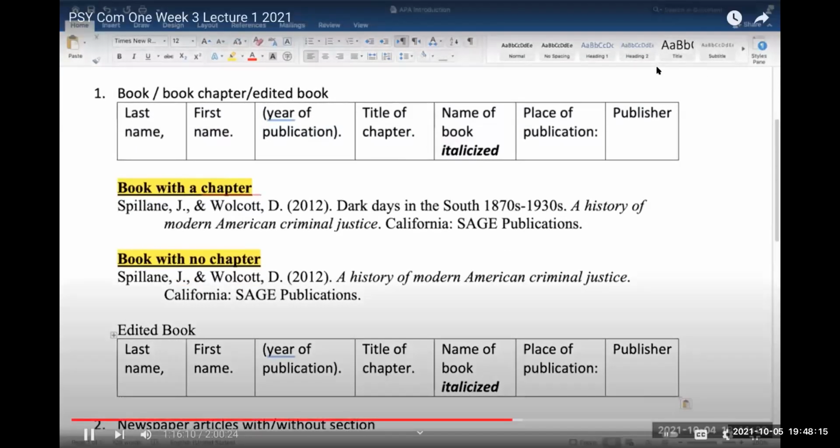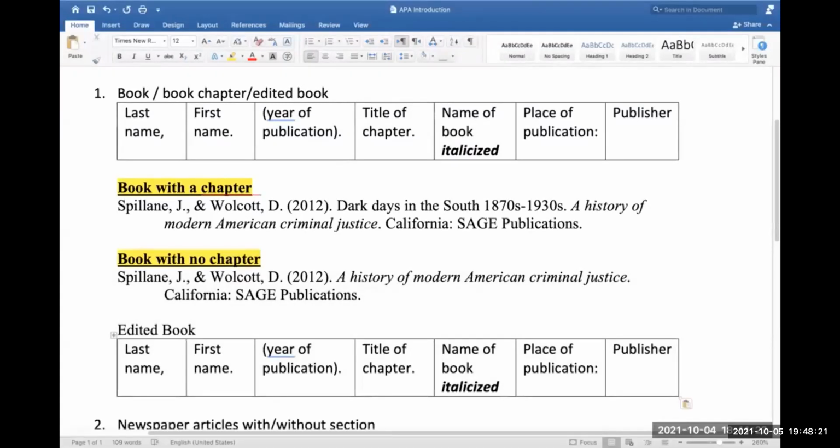With the edited book chapter and an edited book, it's the in, right. All right, so it follows the same format.